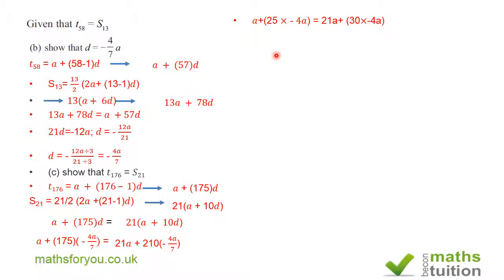The left hand side is a minus 100a, and the right hand side is 21a minus 120a. And you end up with minus 99a on both sides, and so the left hand side is equal to the right hand side as required. Or if you wish, you can multiply both sides by minus 1 to give you 99a is equal to 99a. You don't have to do that.